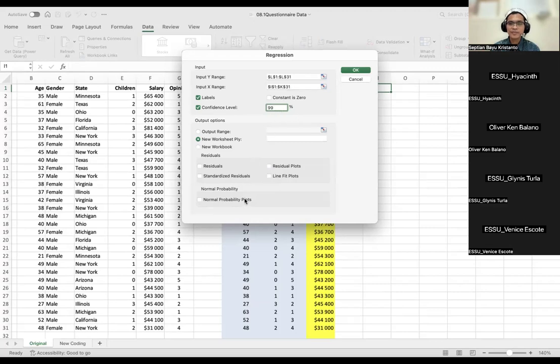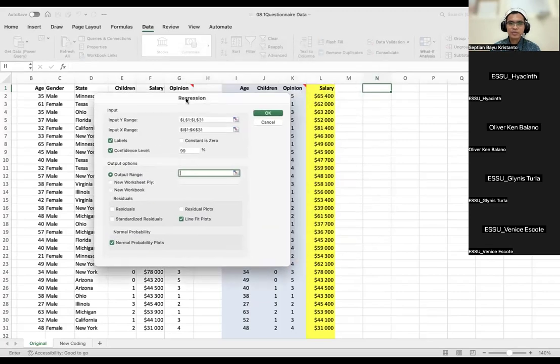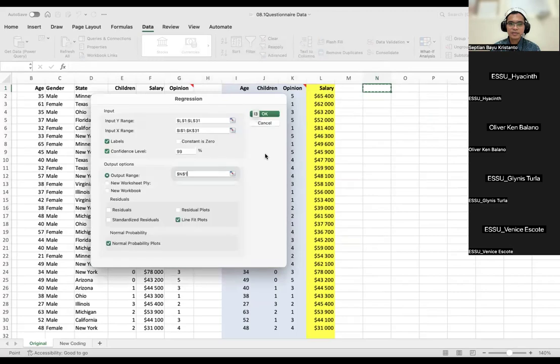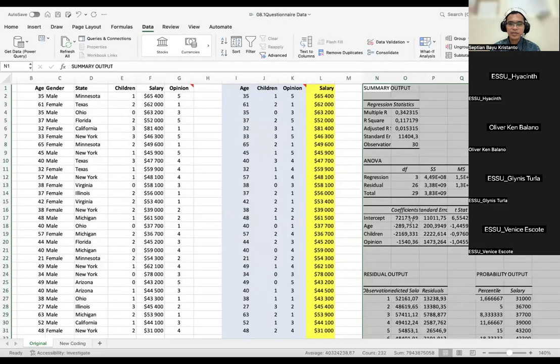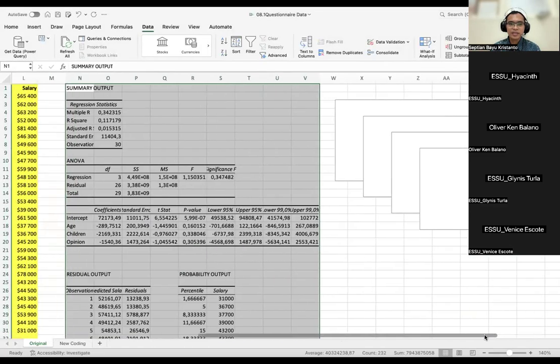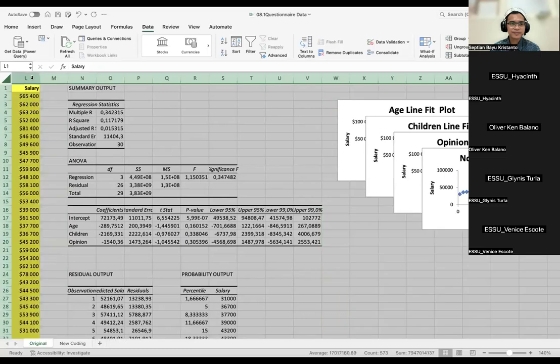I hope it's refreshing for your materials. After that, we can make some probability plots or line fit plots. Check your output here. Okay, and we can do this analysis. This is our analysis.